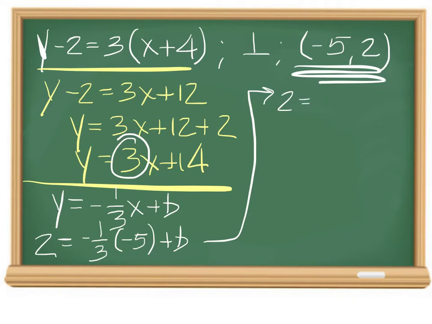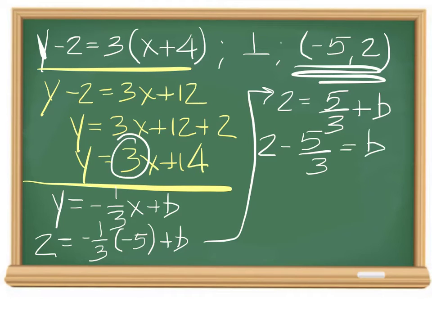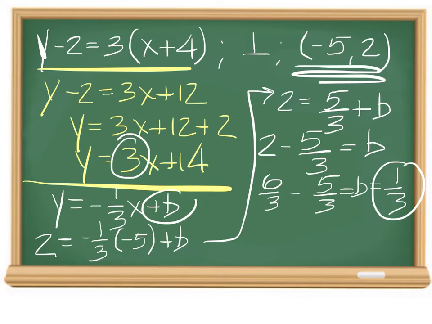On the right side you should have a positive 5/3. Move it to the left, change the sign, and then get a common denominator of 3. So fill in this 1/3 there to come up with your answer of y equals a negative 1/3 x plus 1/3.